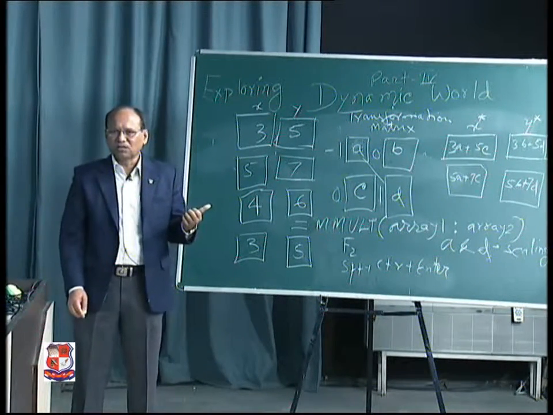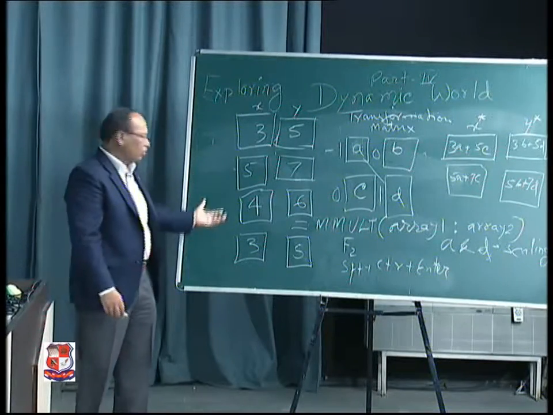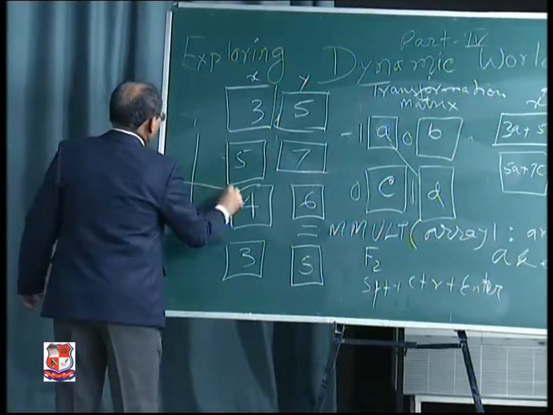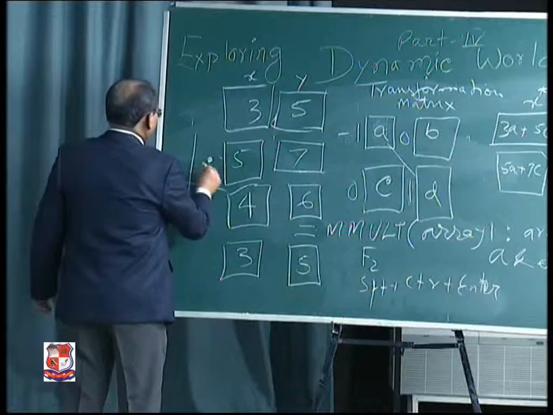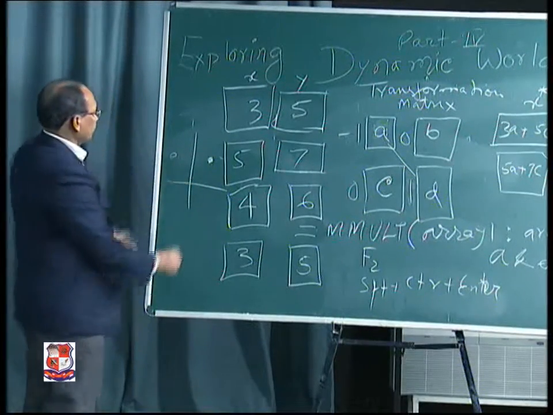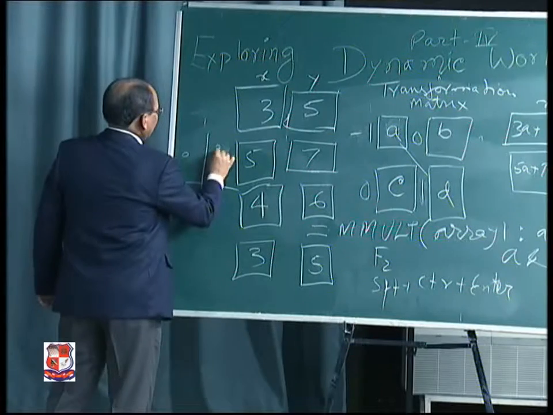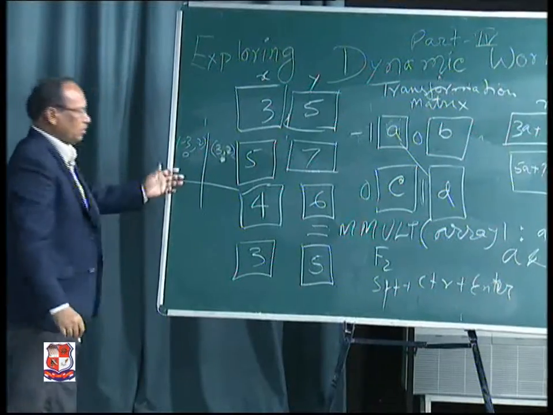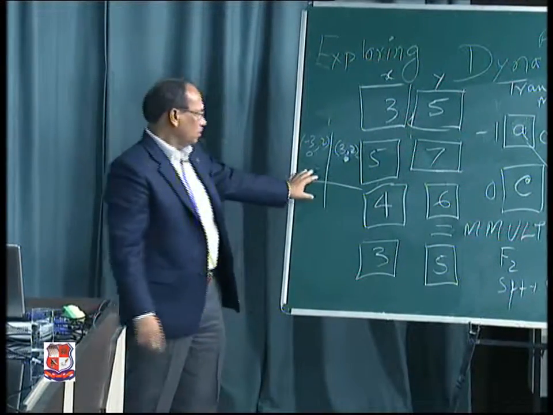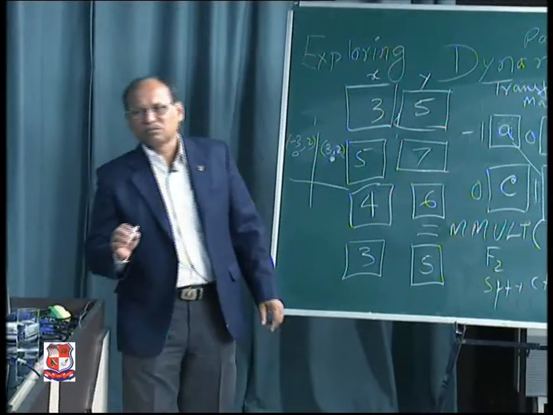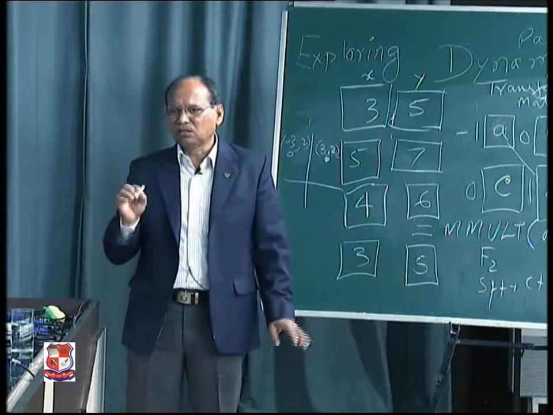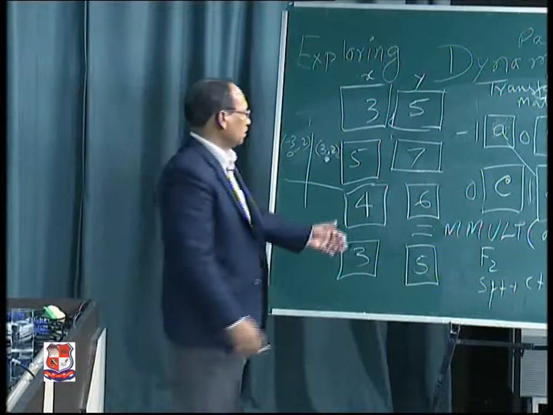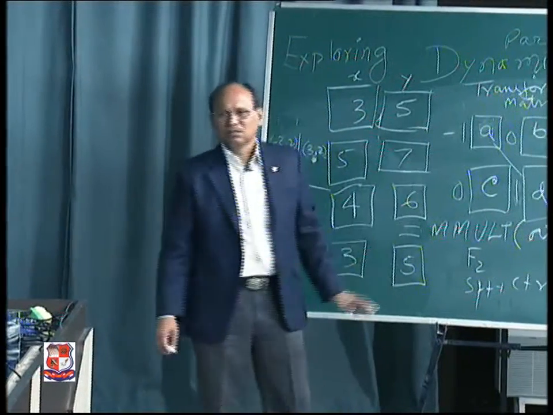When x is a negative value, it will go to the other quadrant. If x is 3 and y is 2, it will become minus 3 and 2. You can check it. So, this is reflection about the y axis. If you want a reflection about the y axis, you just change the first element A to minus 1, that is all.